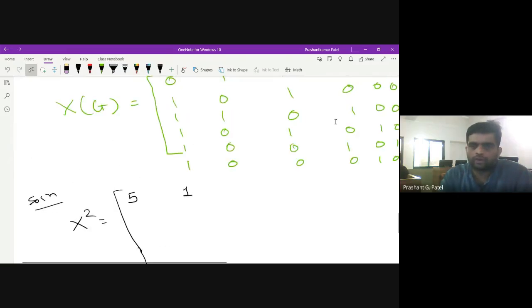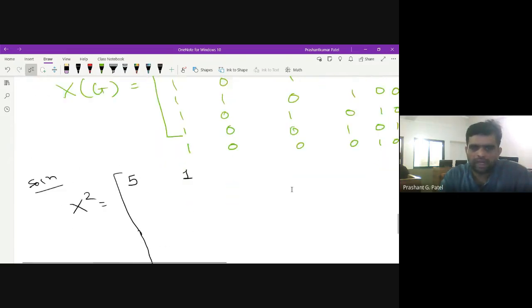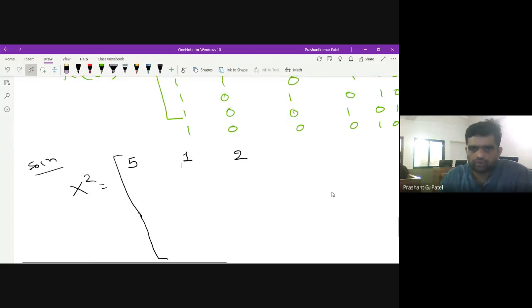Then the first row with the third column, then the entry will be 2. You check. This one, the things you can get. Next one you will have 1, 2, 1, 2, 1, 2.